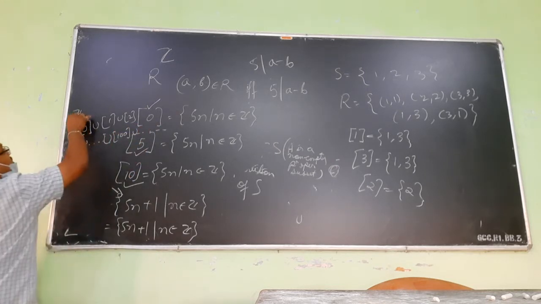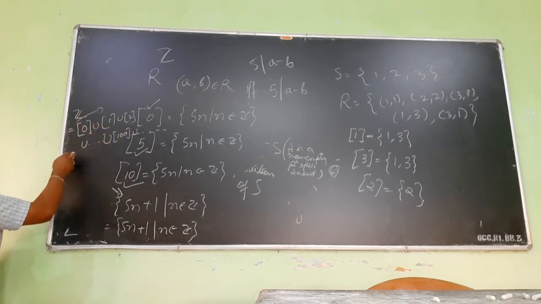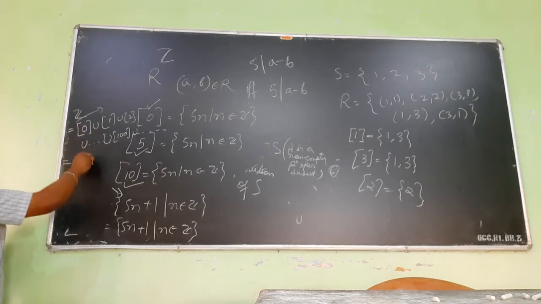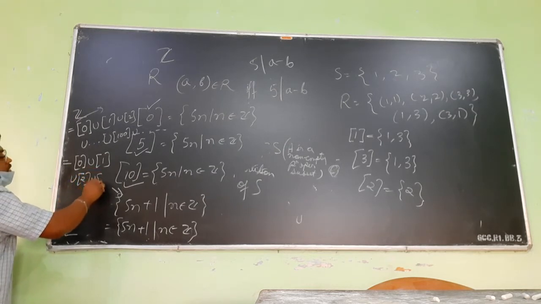We can take all members, even the negative ones, but it is not necessary. It is sufficient to take only the representatives 0, 1, 2, 3, and 4.